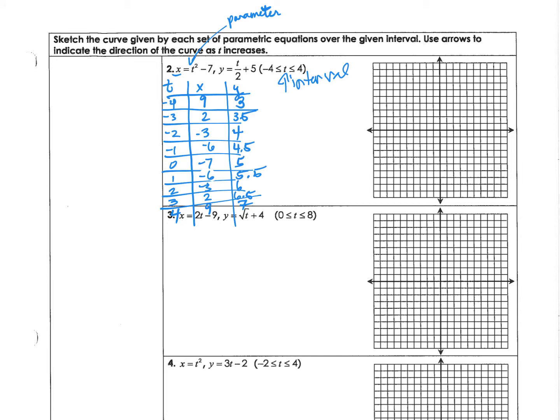Okay. So if we graph this, we're going to graph these pieces, aren't we? This is my x and y coordinates. So over 9 up 3. Over 2 up 3.5. -3 up 4. -6, 4.5. -7, 5. -6, 5.5.